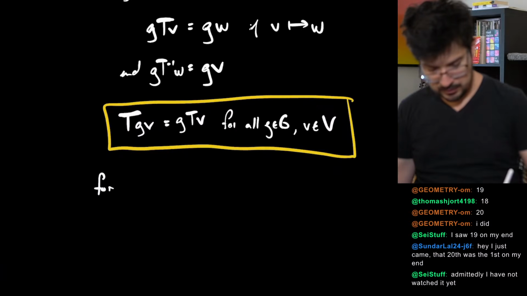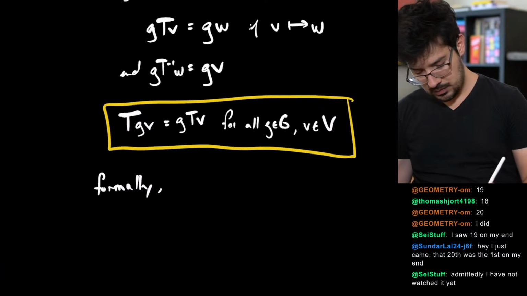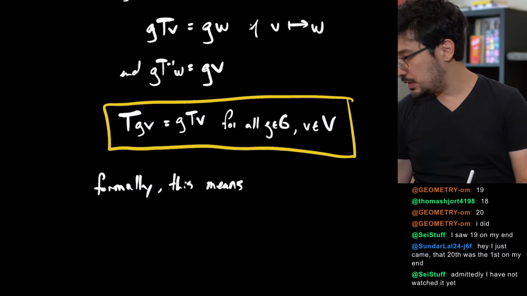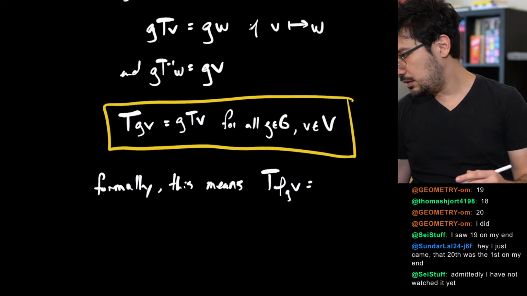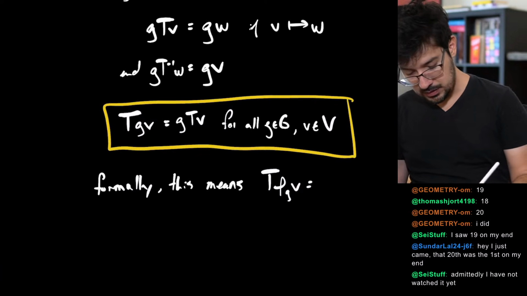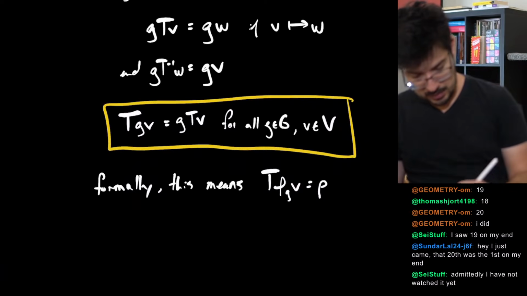Formally, this means that T phi(v) equals rho.